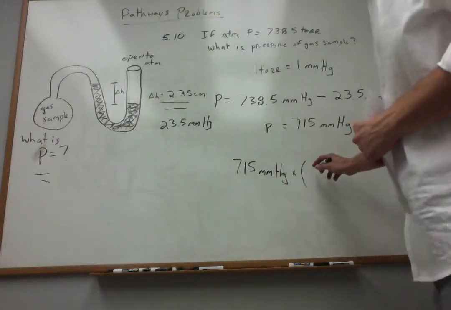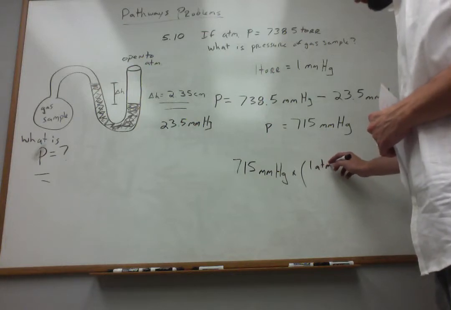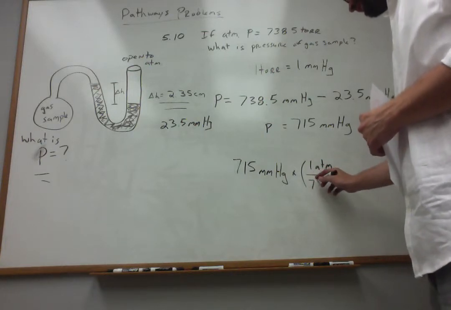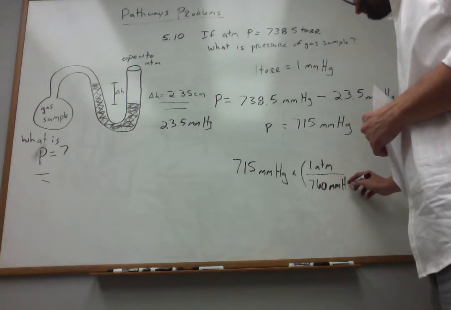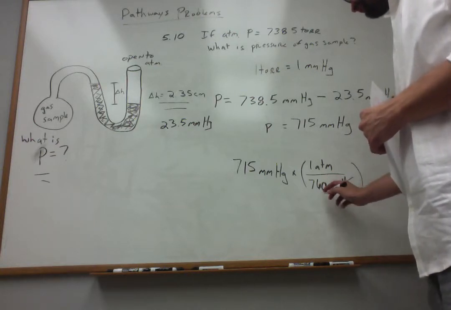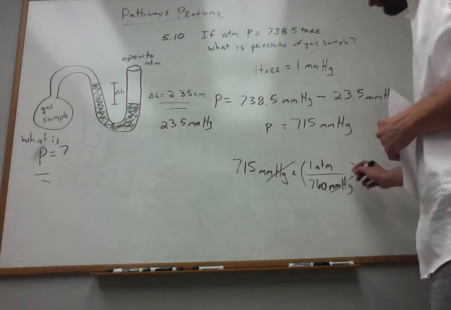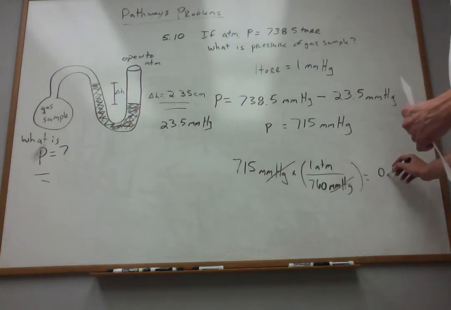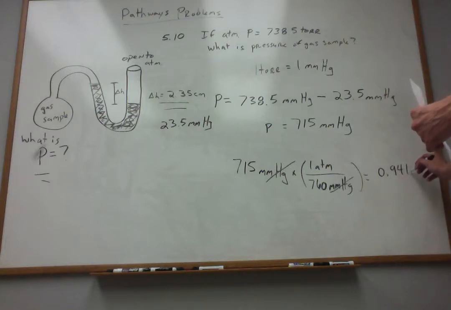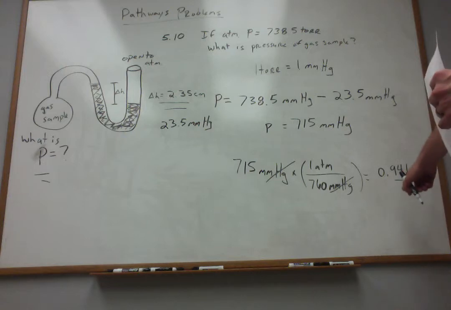We know that 1 atmosphere of pressure corresponds to 760 millimeters of mercury. So the millimeters of mercury units cancel. I take this and divide it by 760. And when I do that, I get 0.941 atmospheres, with lots of extra sig figs.